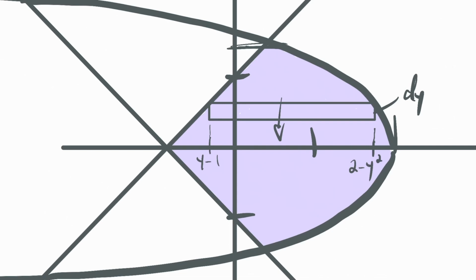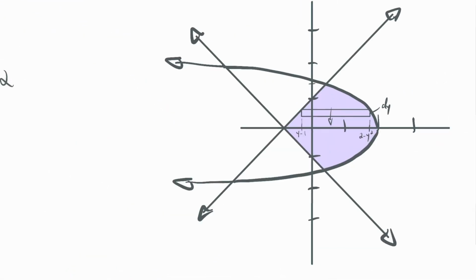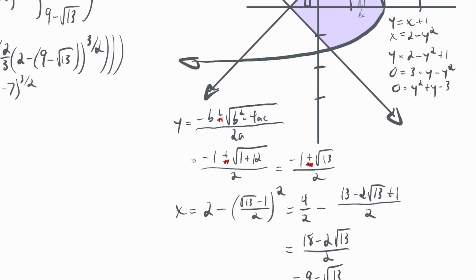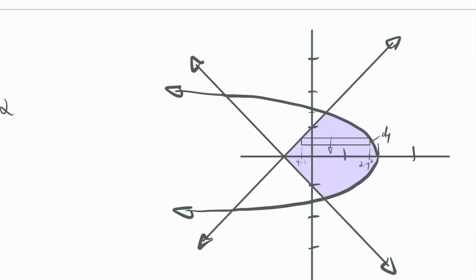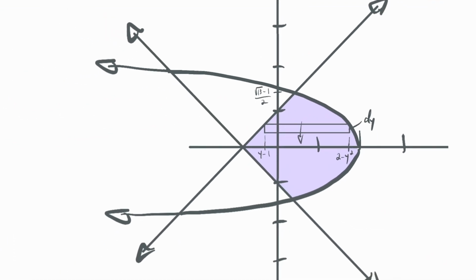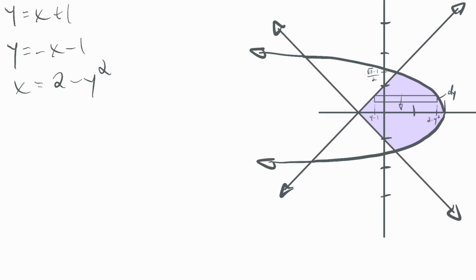So we are going to have to find some values for that, but we get the y coordinate, not the x coordinate. What is this y coordinate? We already worked it out, and I'm not going to do it all over again, but basically it's this guy, root 13 minus 1 over 2. Okay, so that's it.